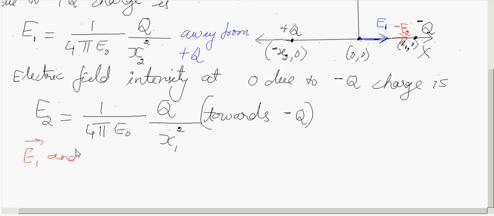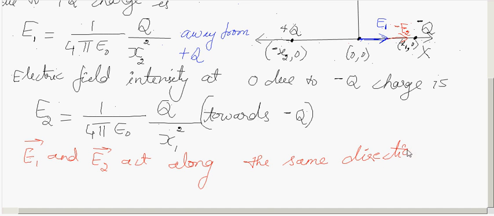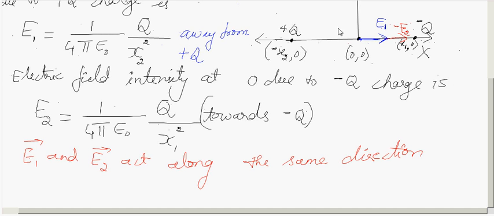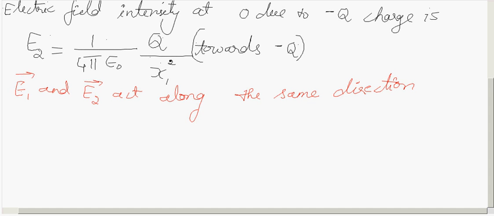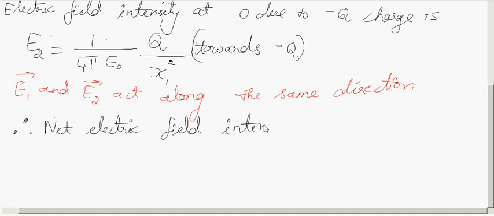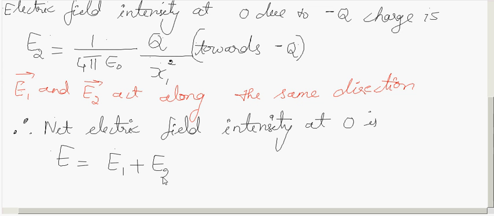Therefore, the net electric field intensity at O is E net equal to E1 plus E2. Add these two electric fields and you will get the net field.